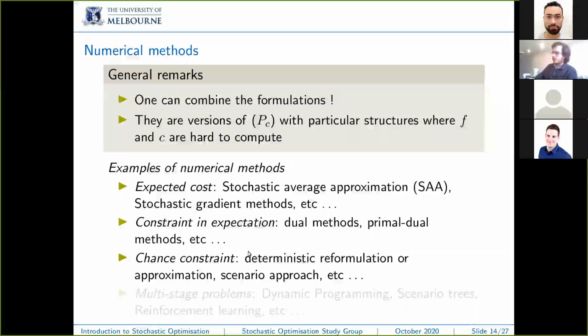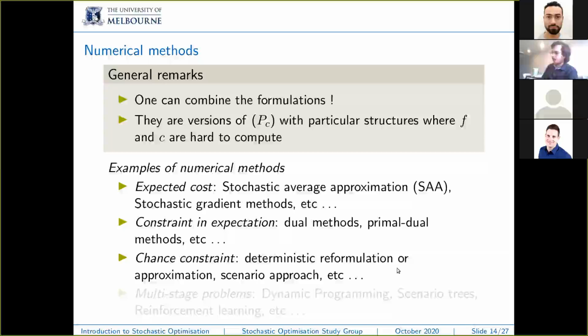And when you cannot do this, typically you do what is called the scenario approach. You sample several values of the uncertain parameter according to the probability distribution, and then you enforce the constraint only on these scenarios, and you hope that if the number of scenarios goes to infinity, you will end up enforcing this constraint in probability.